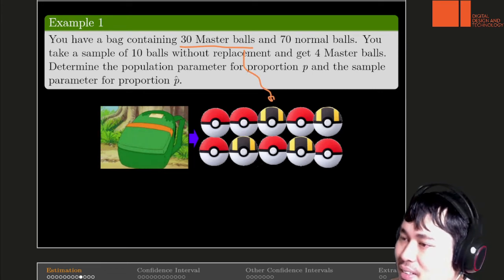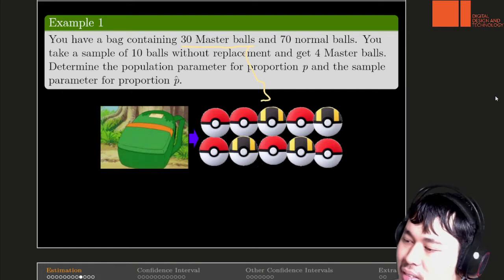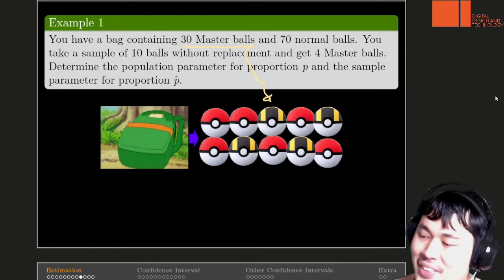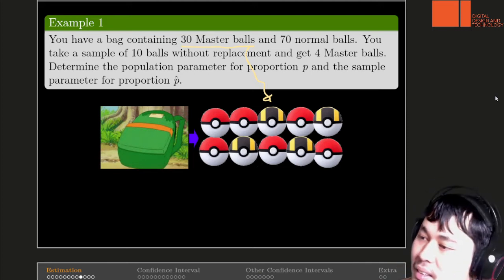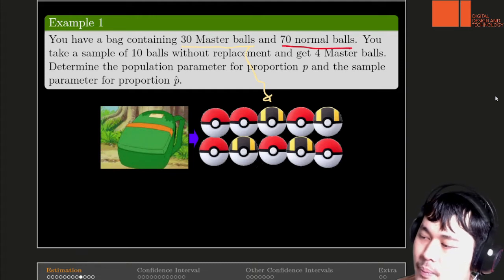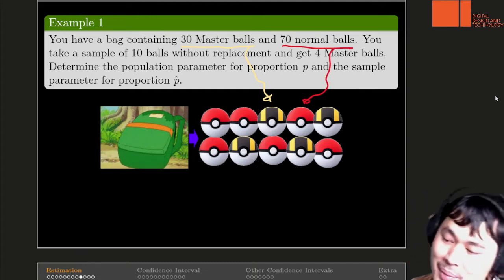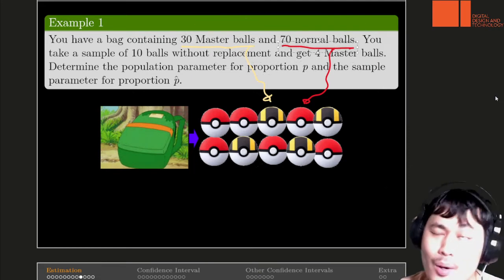I should make it yellow. Master balls are good, expensive, and rare. But you only have 30 master balls in your bag and 70 normal balls, because you are just a cheap trainer and you don't have all the money to afford that. So you get some good ones and some normal ones in your bag.